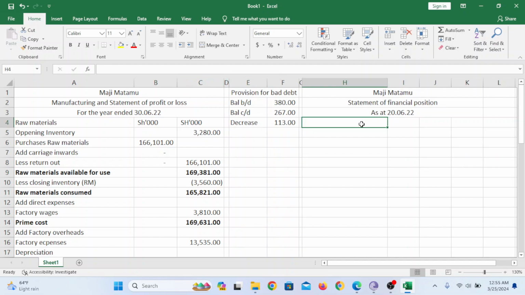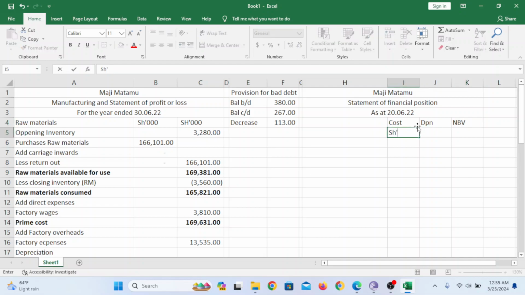So we put up the columns. We have cost, depreciation, then net book value. Shillings in thousand, also shillings in thousand, shillings in thousand again here.